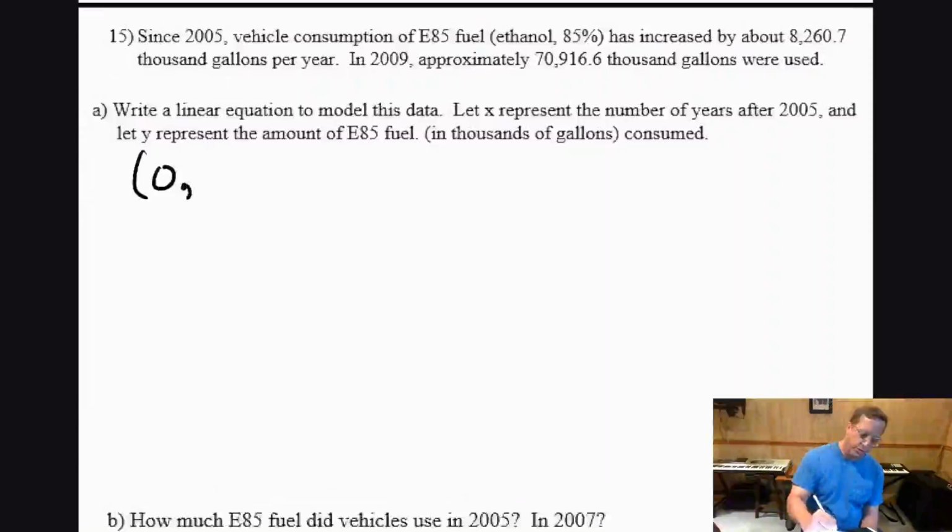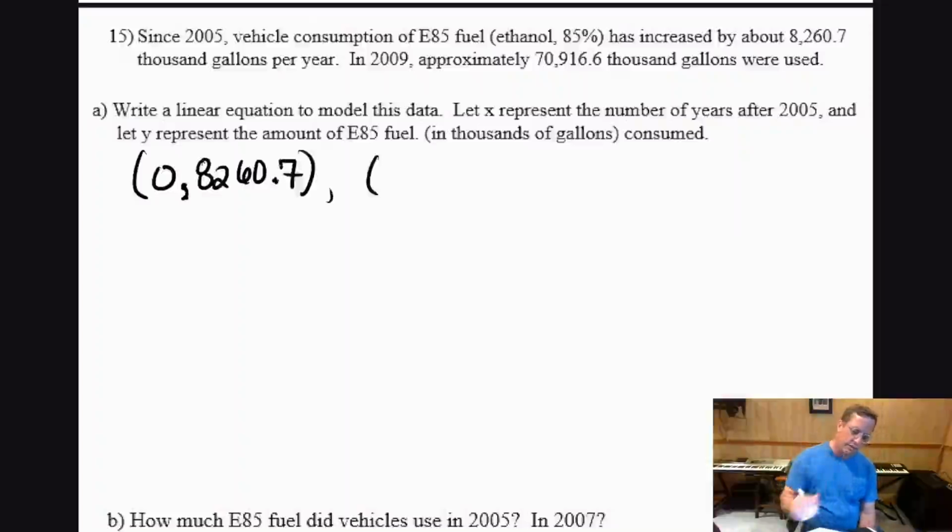So x is going to be the number of years after 2005. So in 2005 it's going to be 0, and we've got 8,260.7, and the other one is the year 2009, which is 4 years after 2005.